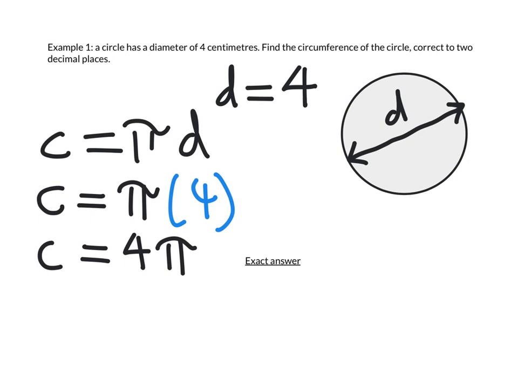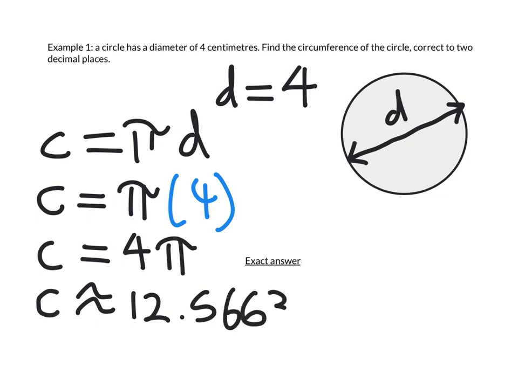So that 4 pi, that's an exact answer, and this question's asked us to find it correct to 2 decimal places. So we're going to use our calculator to do an approximation, and if we type in 4 pi using the shift button and the middle button on the bottom row of our calculator to get the pi symbol, we'll get that C is approximately equal to, noting that wavy equal sign for an approximation, 4 times pi is 12.56637, and so on.